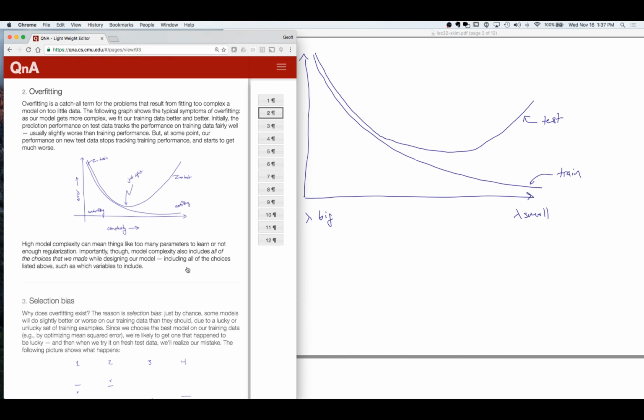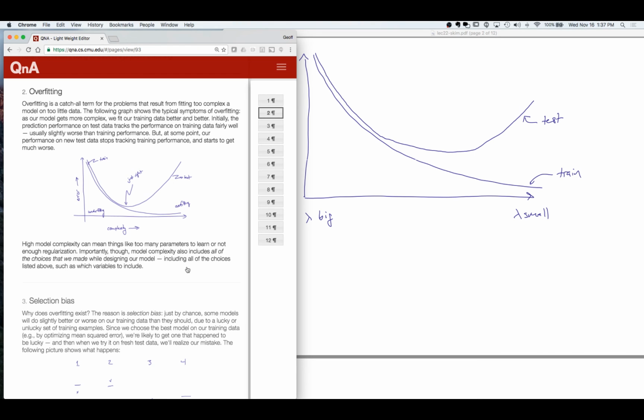So if you started off fitting a decision tree and then you decided not to fit a decision tree but to go to k-nearest neighbor instead, that choice of moving from a decision tree to k-nearest neighbor actually increases your model complexity compared to if you had just started with nearest neighbor to begin with. So it's the entire history of how you arrived at the model that can lead to overfitting.